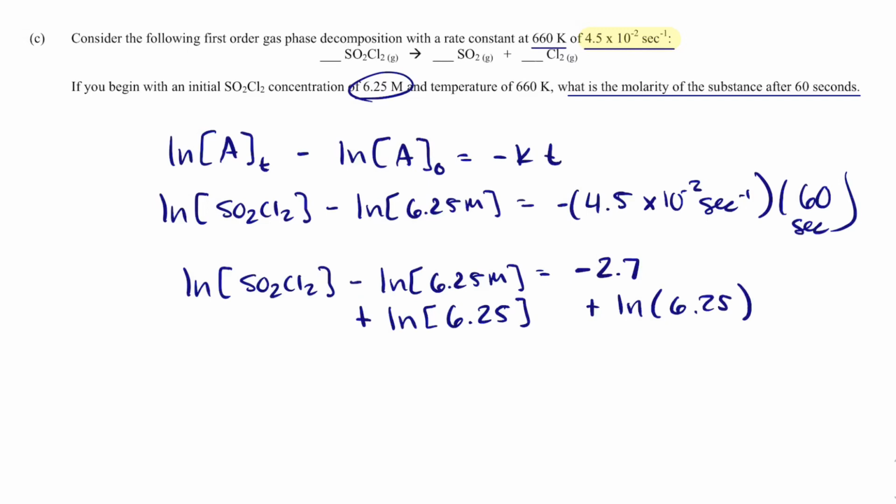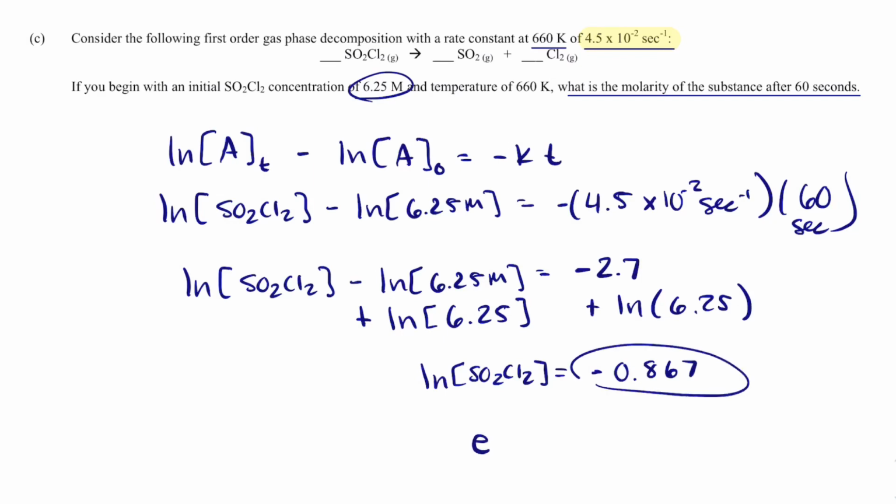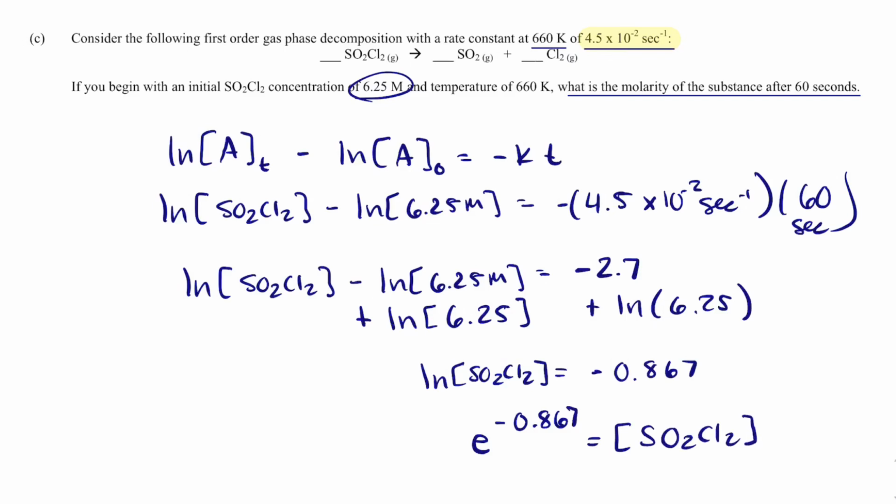And so I'm going to do that in my calculator. And what I get is negative 0.867 equals ln SO2Cl2. And the way you get rid of a variable within a natural log is you take e to whatever number is on the opposite side. So e to the negative 0.867 will equal the concentration of SO2Cl2.